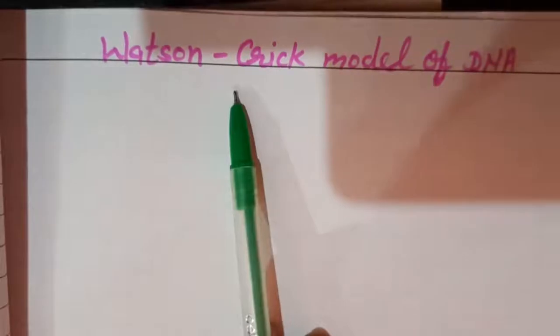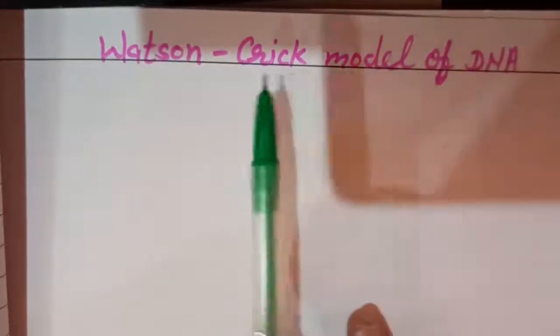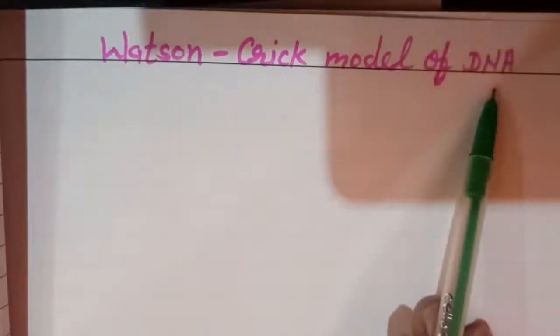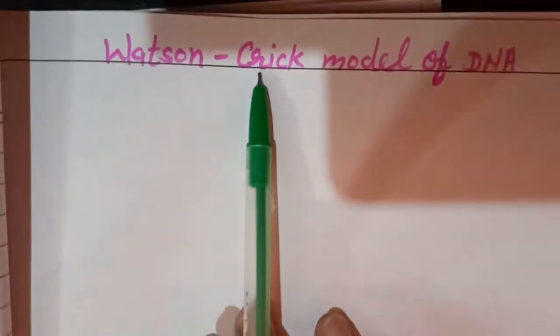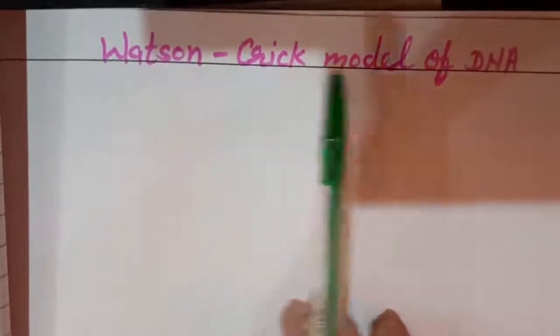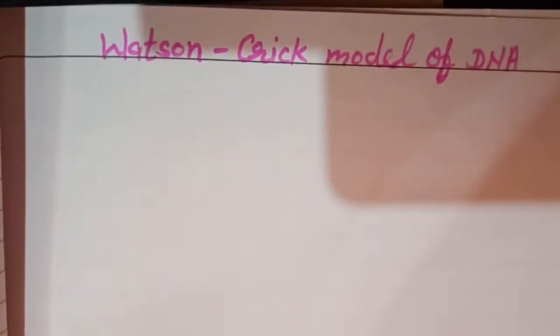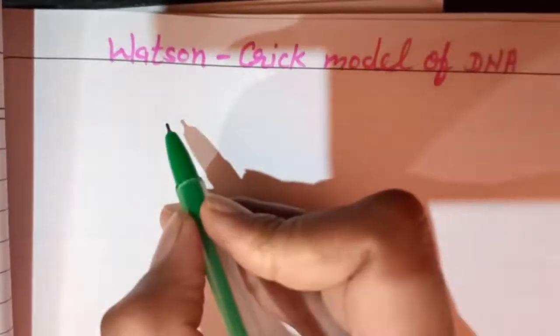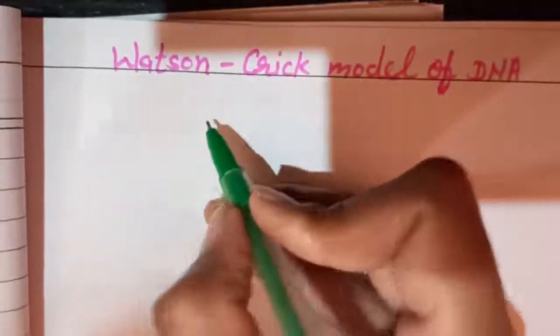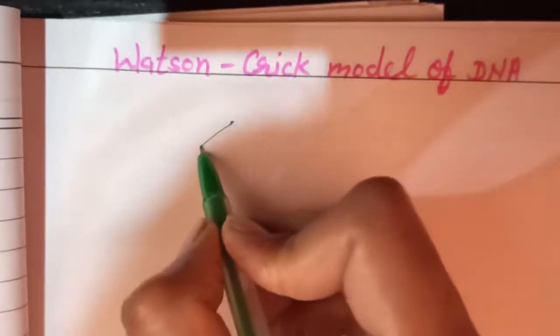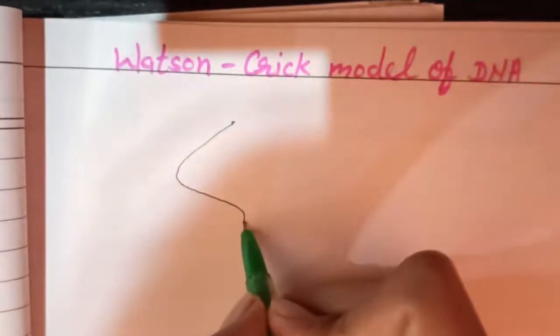So this is a very important structure of DNA, that is called Watson-Crick model, because this structure of DNA was given by Watson and Crick. That's why it is called the Watson-Crick model of DNA. So let's understand what the features of DNA structure are according to this model. So first of all, we will make the structure of how, according to Watson and Crick, this DNA is present here.